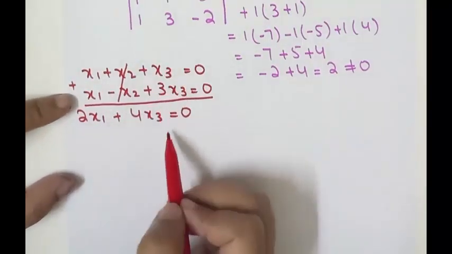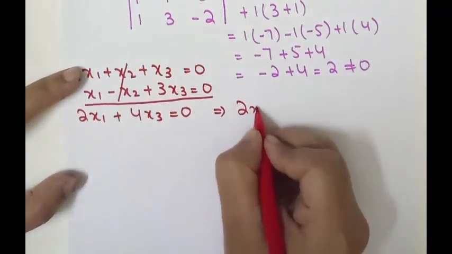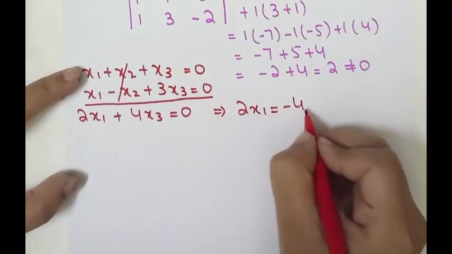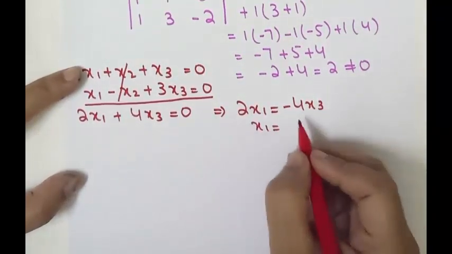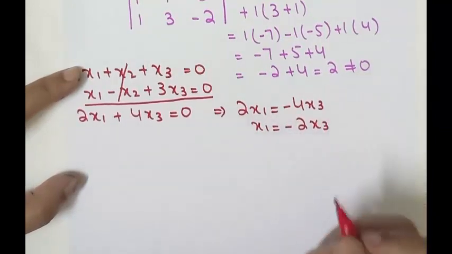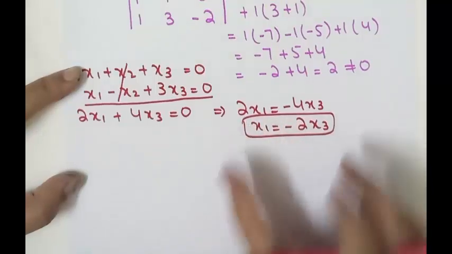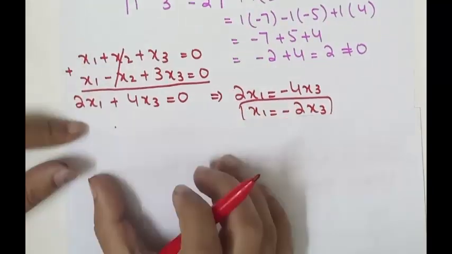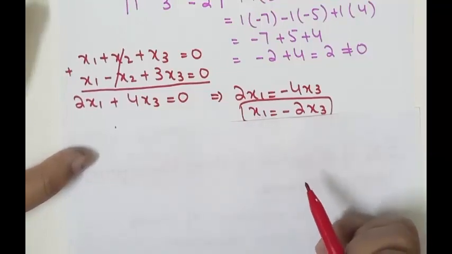Adding these two, we get 2x1 plus 4x3 equals 0. We can write this as 2x1 equals minus 4x3, so x1 is equal to minus 2x3.